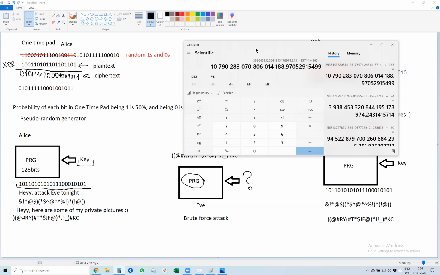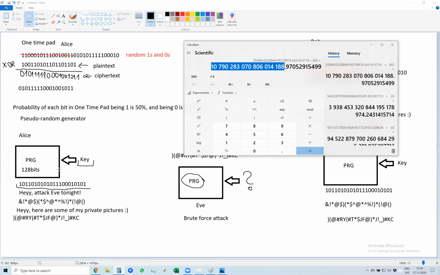And we get that to use 1 million computers with 1 million tries per second per computer, we need this many years to cycle through all 128-bit password combinations.